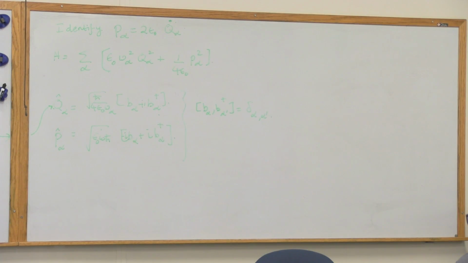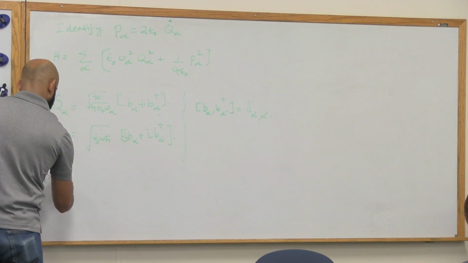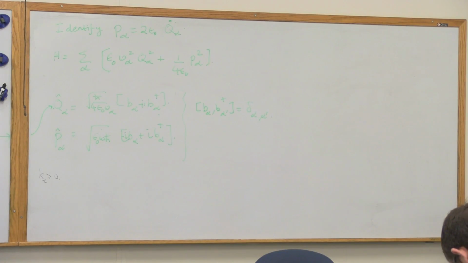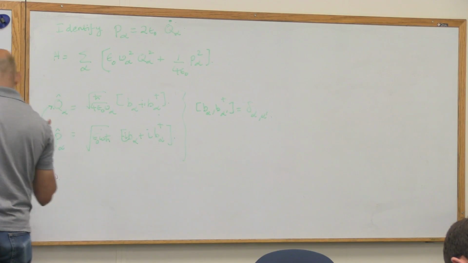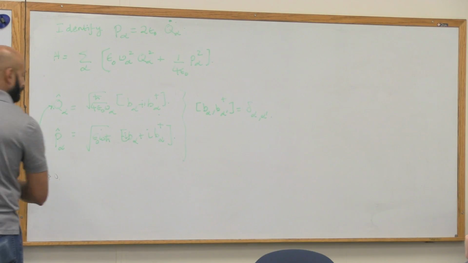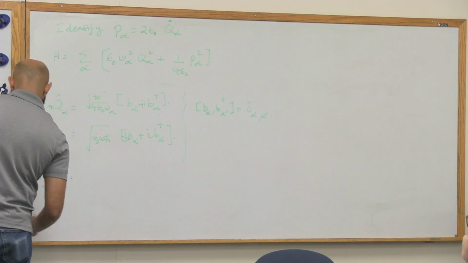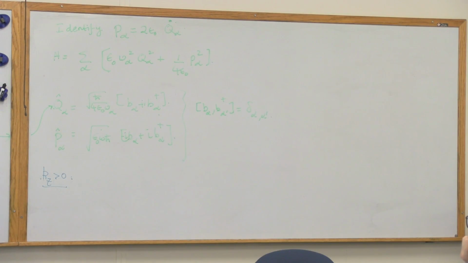So clearly I need that summation to be in two parts. So let me just look at kz greater than 0. For kz greater than 0, I have A_kλ equals Q_kλ1 plus i Q_kλ2.